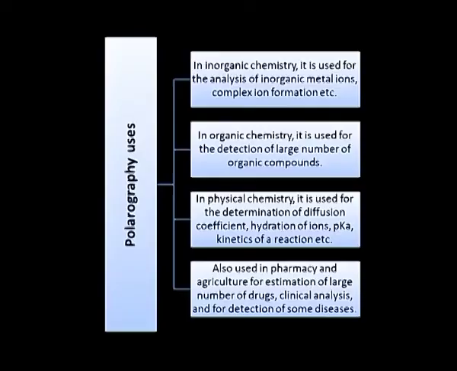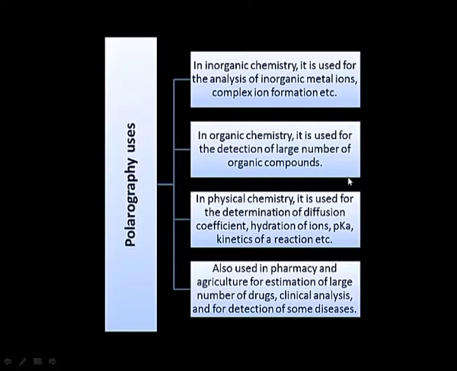Now, if we look at the uses of the polarographic technique, we can use it in different branches of chemistry as well as in pharmacy. In inorganic chemistry, we can use it for the analysis of inorganic metal ions, complex formation and so on. In organic chemistry, we can use it for the detection of a large number of organic compounds.